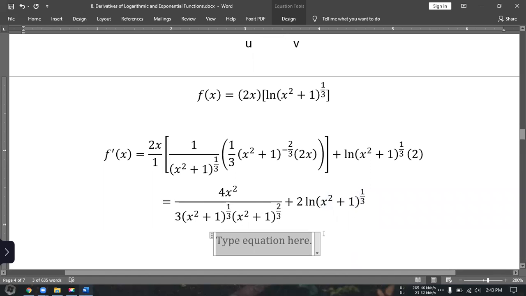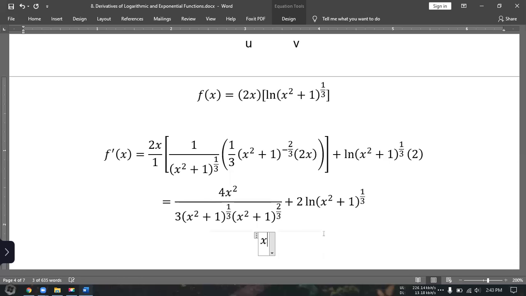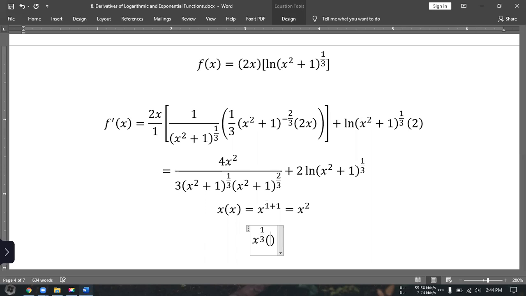Let me ask you first, what is x times x? X squared, since by laws of exponent, we'll be adding the two exponents now with the same base. So that's why we have x squared. Now what if we have a term x raised to 1/3 times another x here, which is raised to 2/3.